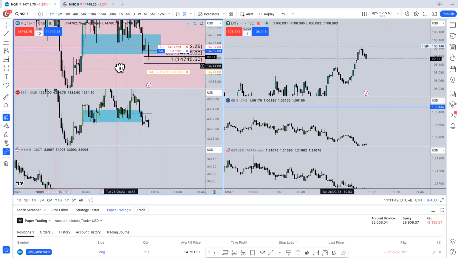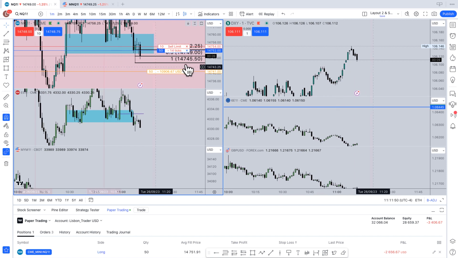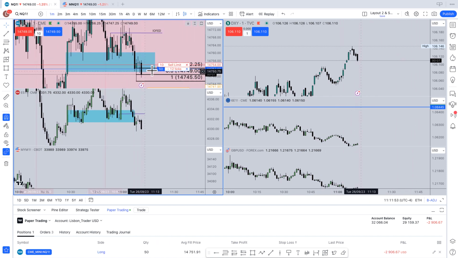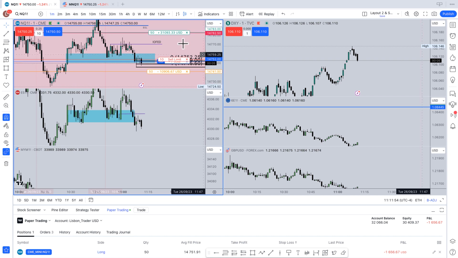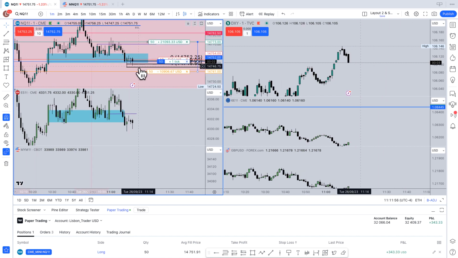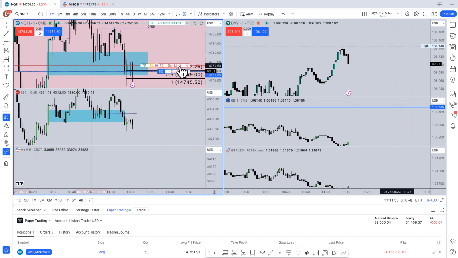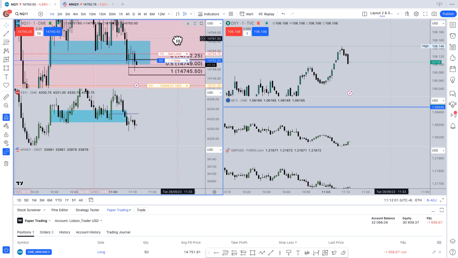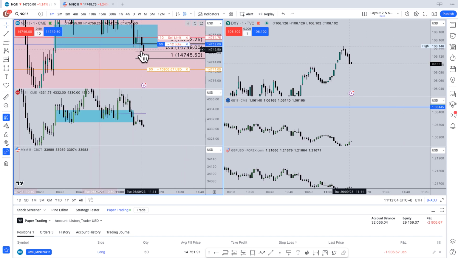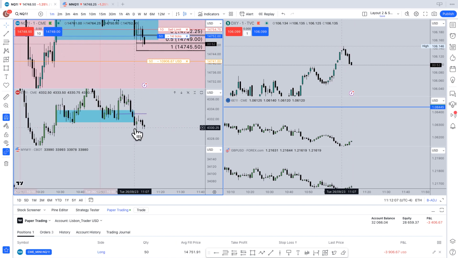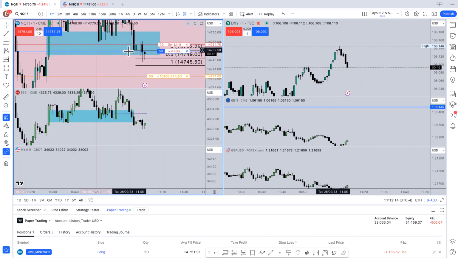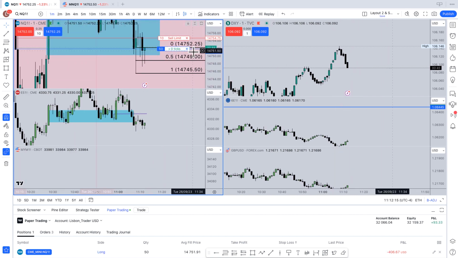And then let's see. Yeah, it's already wanting to go higher again. There's no volume imbalance here, so we bought it inside this fair value gap.